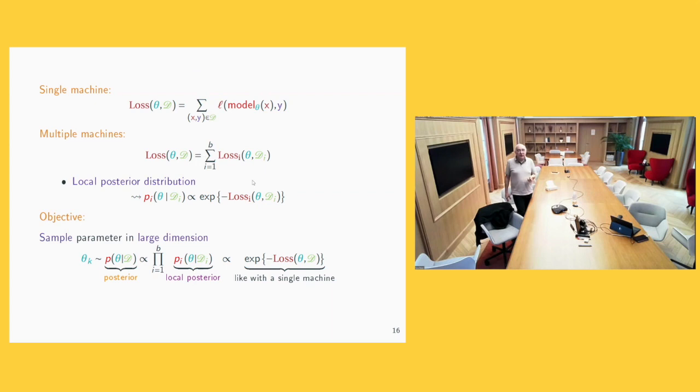You have a large number of users, which means that the posterior distribution becomes a product of the local posteriors. In all this type of problem, you have to sample a distribution which can be written as a product of local posteriors.